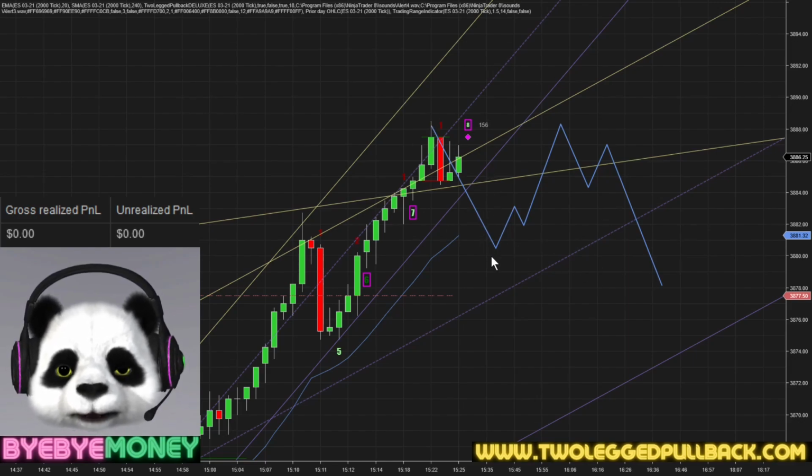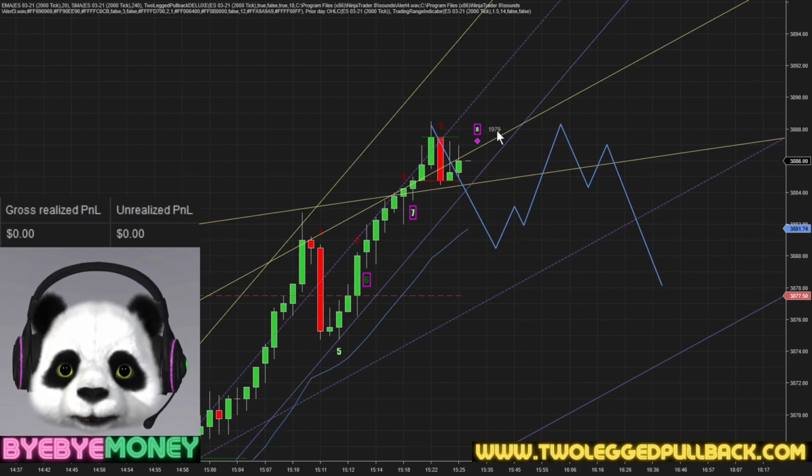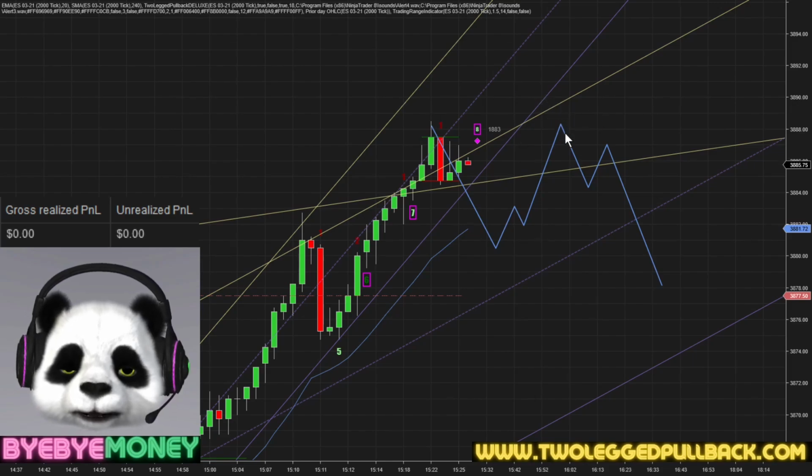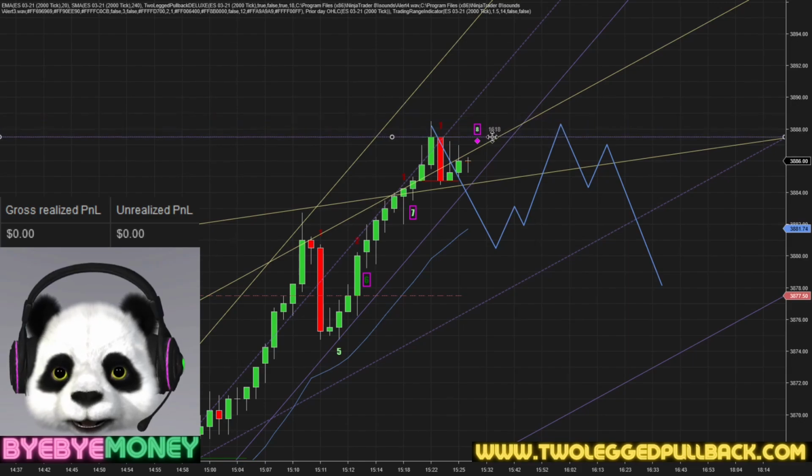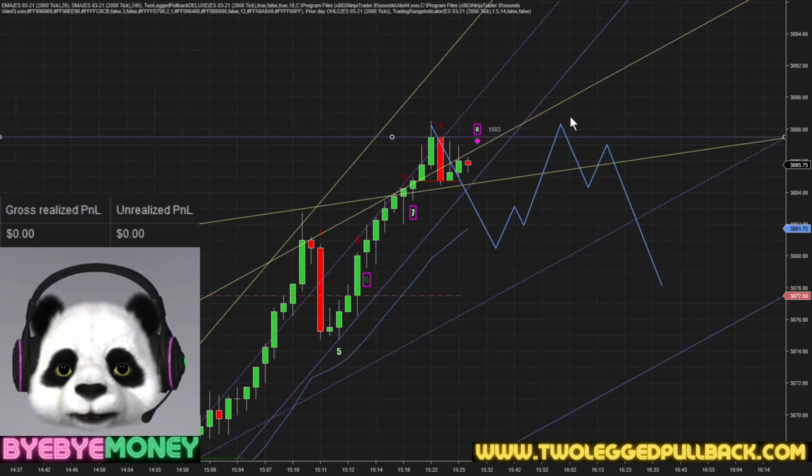We want to see a break of this trend line, preferably under the 20 EMA. Then we want to see the bulls make one more two-legged move up, creating a double top. But the first entry after the double top is not good enough. We want to enter the second lower high entry after the double top. So this is what we want to see here. We want to see this sequence happening.